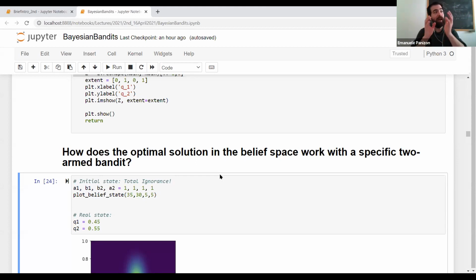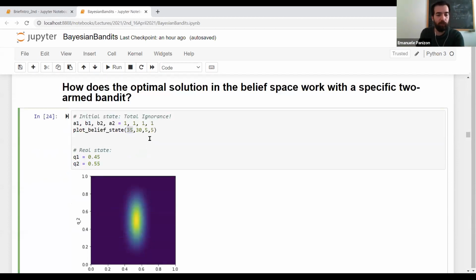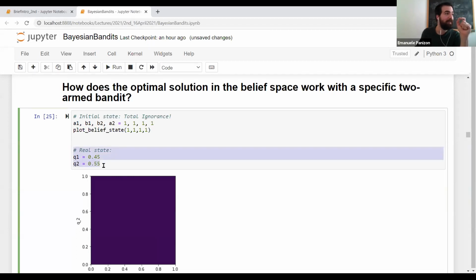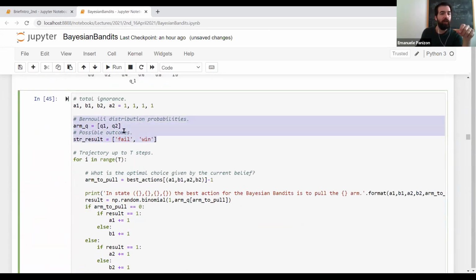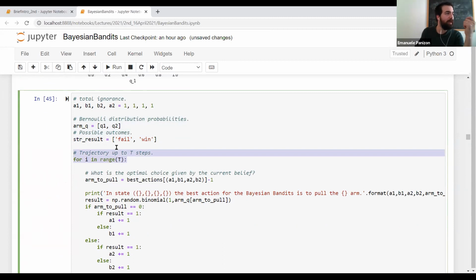But in this particular case, I can say, okay, does it work if I also have a simple question, which is I have 2 coins and I have no idea what to do? So this is what I want to do now. So I start with a total ignorance belief, but I actually start with a very specific real state. So I start with a state of Q1 equals 0.45 and Q2 equals 0.555. And what I do is I take these 2 arms, and the result is fail and win. And I'm doing up to 87 steps. And what I do is I record what is my history of this particular specific thing.